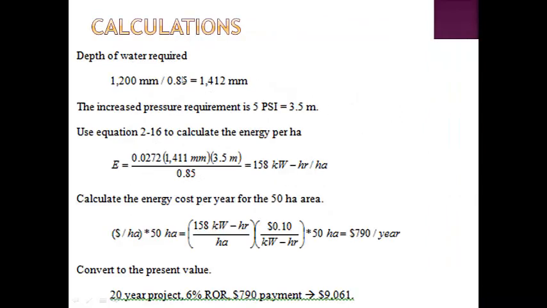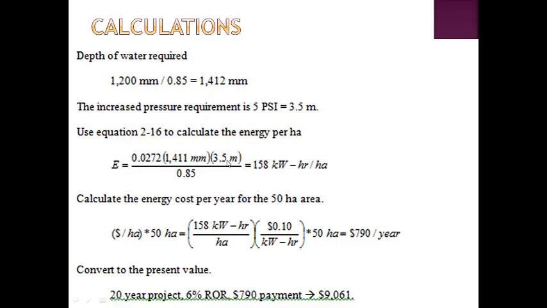So the depth of water required, if there's 85% irrigation efficiency, we take the crop water requirement and divide by 0.85, or 1412 millimeters. The increased pressure requirement is 5 psi due to pressure regulators, 3.5 meters. So let's calculate the extra energy per hectare needed with this equation from Chapter 2, which I loaded into the content section of D2L.